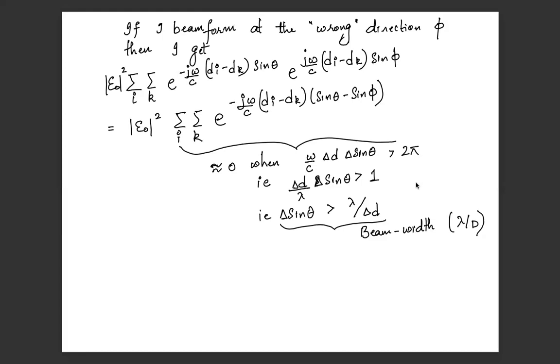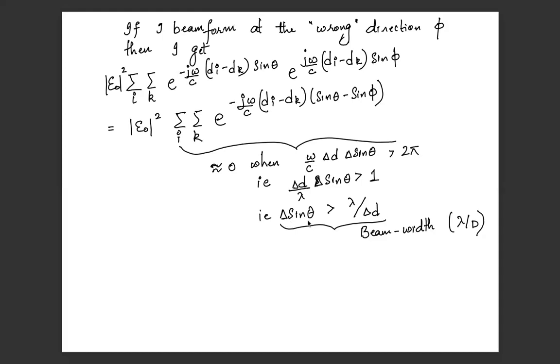This averaging will be the most effective when I include the biggest baseline lengths that I can fathom in the array, and that's roughly equal to the size of the array. So whenever you have an array whose total dimension is larger than lambda by d, you're going to have complete decoherence, or incoherent averaging, over an angle given by delta sine theta.